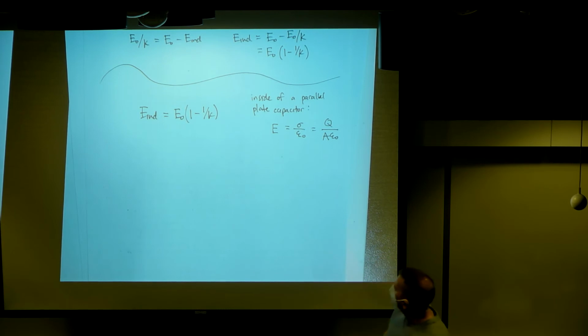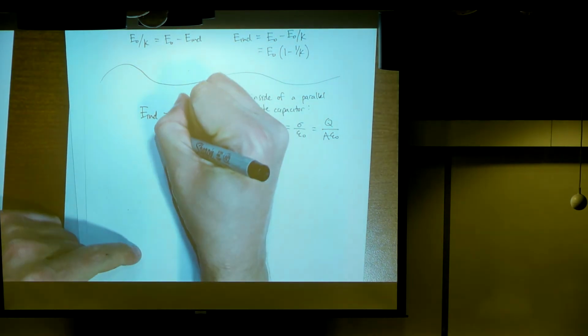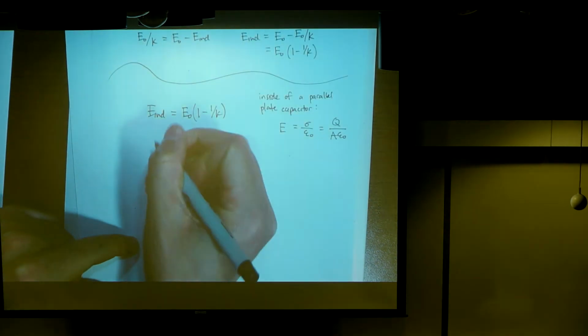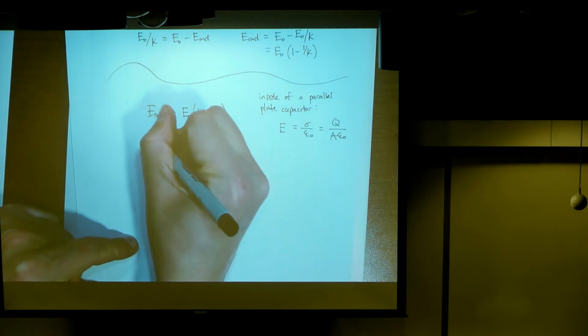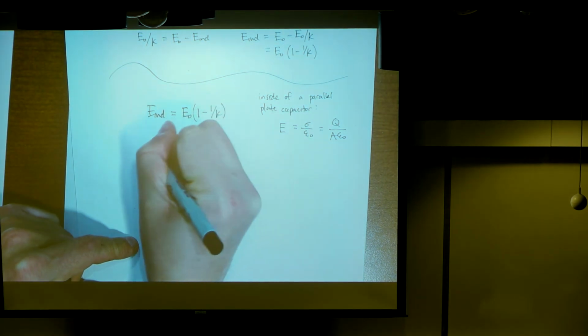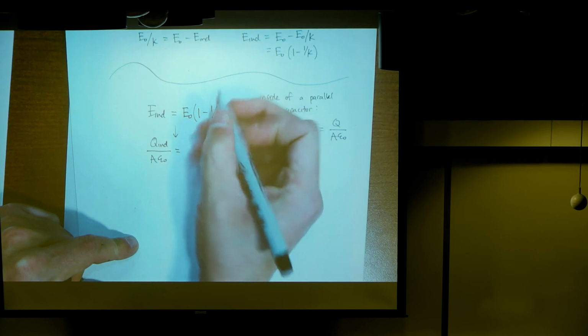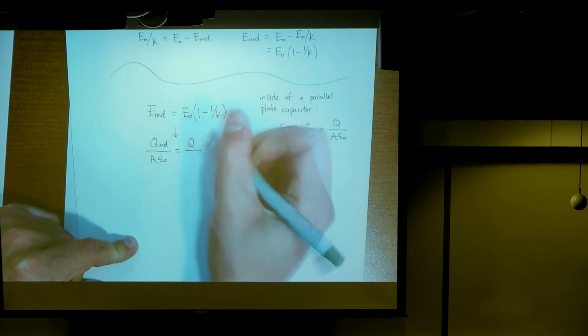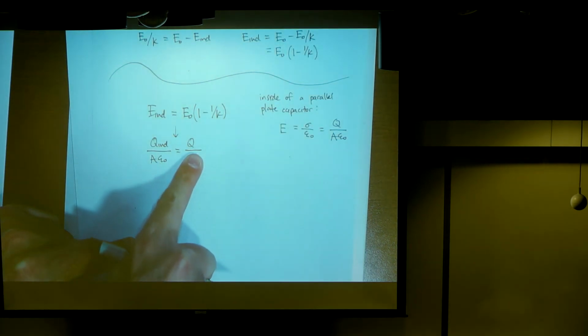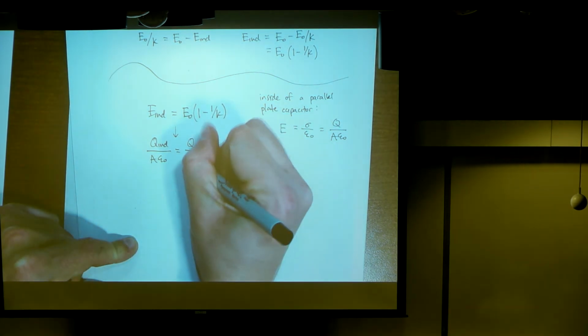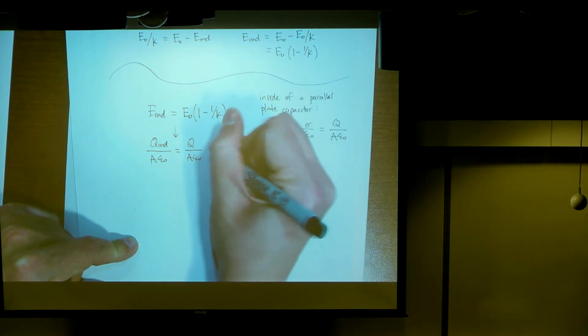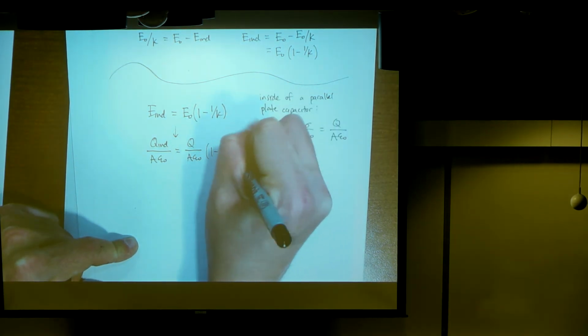Each one of those E fields can be written in terms of this formula, so what we'll do is just plug that in. For E induced, I'm going to have Q induced divided by A times epsilon naught. And for E naught, I'm going to have Q, which just represents the charge on the plates, divided by A times epsilon naught, times 1 minus 1 over K.